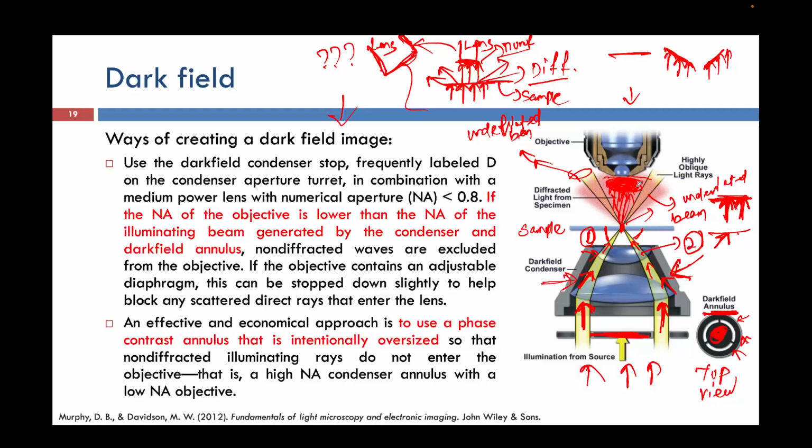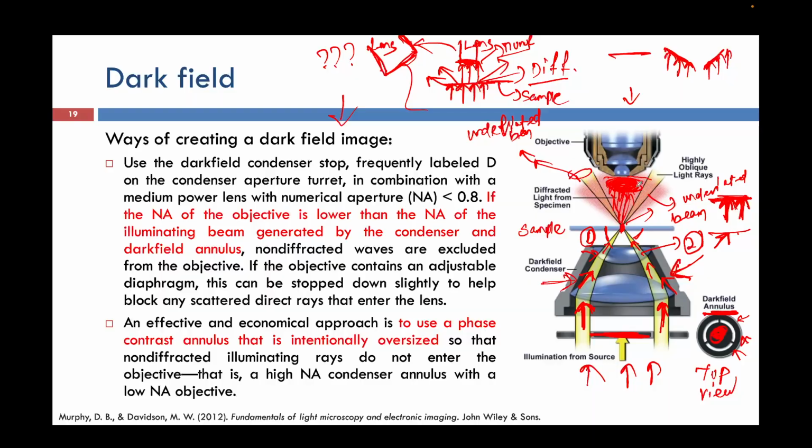What will happen? The diffracted beam, I will be able to see, since the interaction between the specimen and my incident beam will be very less. So that means the amount of diffracted beams I will get is a very low amount.